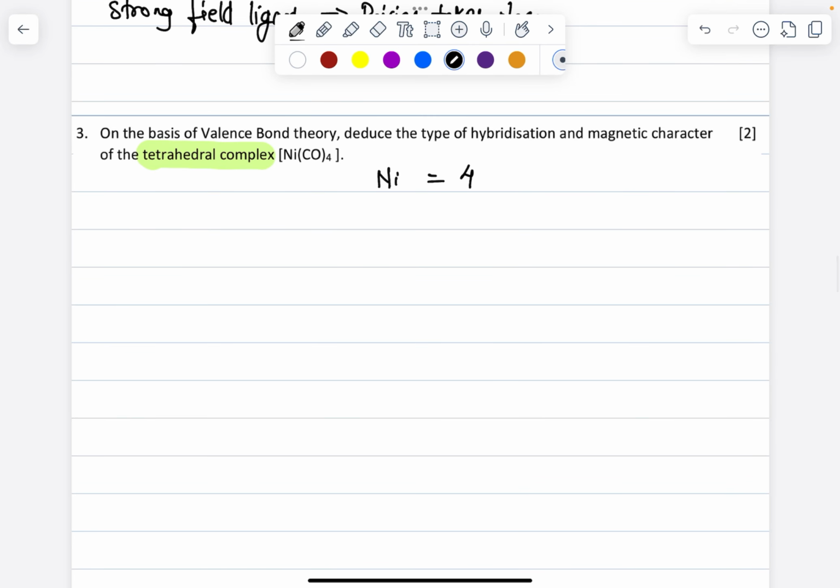Nickel has atomic number Z equal to 28, so the configuration becomes argon 4s2 3d8. For you to understand this nickel configuration, first I'll write 3d.